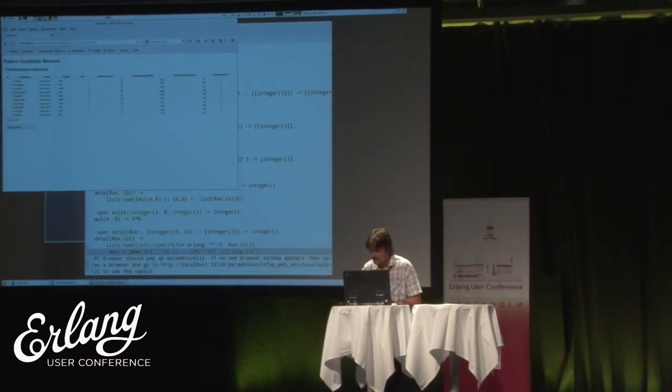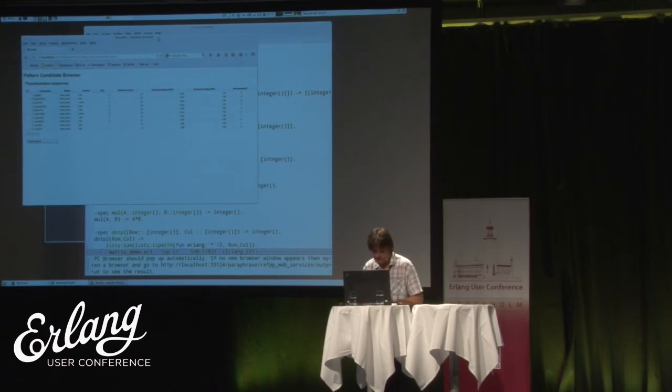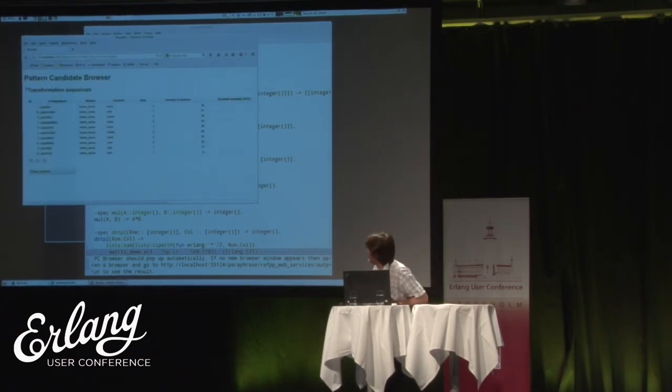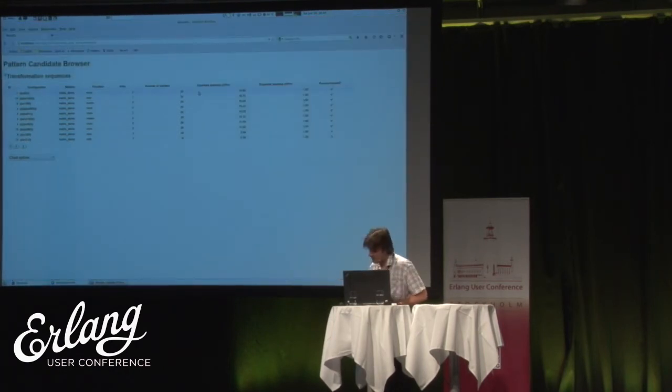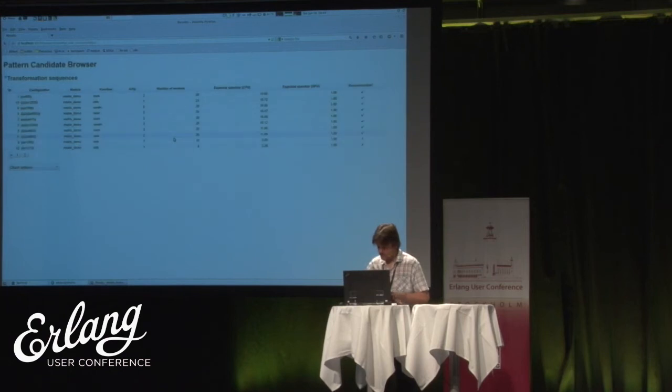So in this case, a browser will pop up. Again, I need to change it. This browser will show me the possibilities that my tool has found in the code.